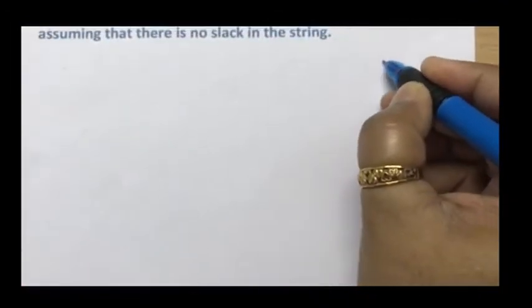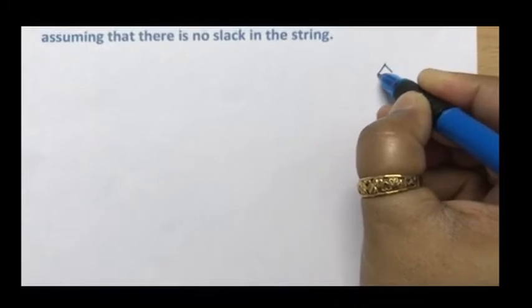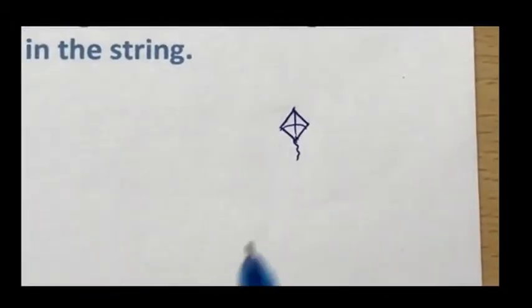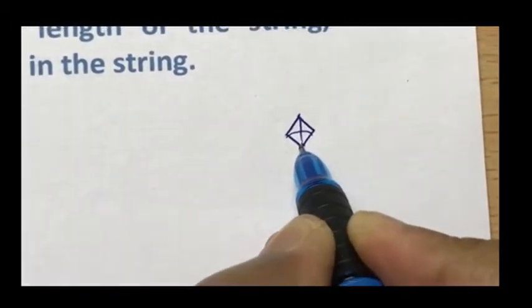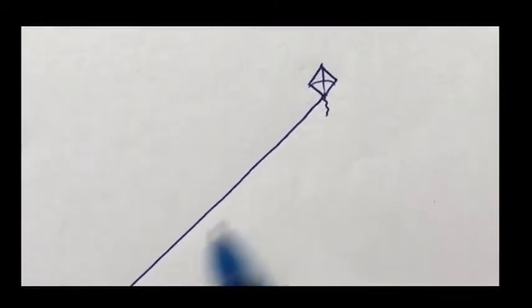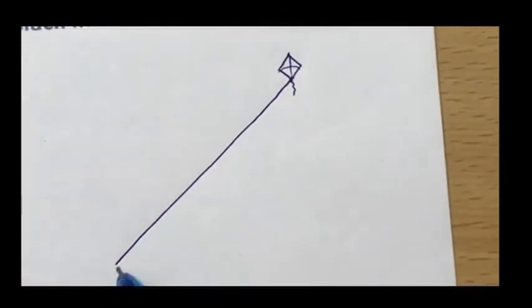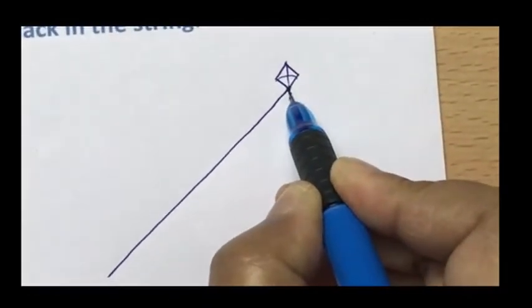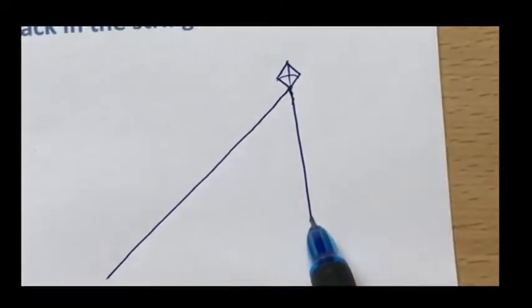Whatever we have understood, let me draw the diagram. So I have the kite over here. Okay, this is the kite, and from this kite, this is the string. It is at this point. There is no slack over here. Okay, and then what is the vertical height of this kite?